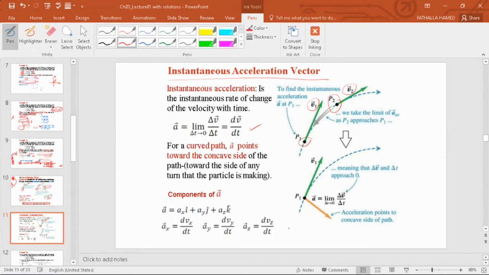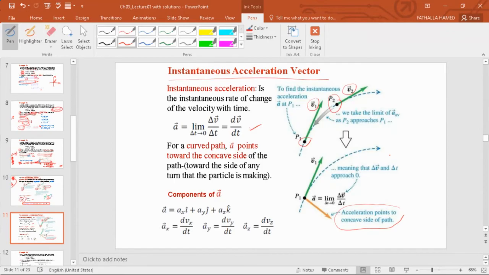So the acceleration cannot be parallel to it. It cannot be in the same direction. That's why the acceleration here is pointing toward the concave side of the path in order to change its direction. So that's one thing that you have to be careful with.